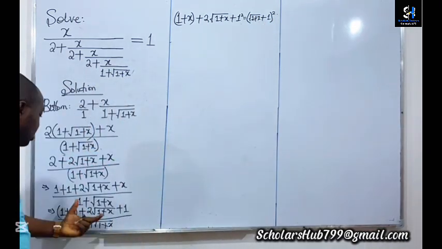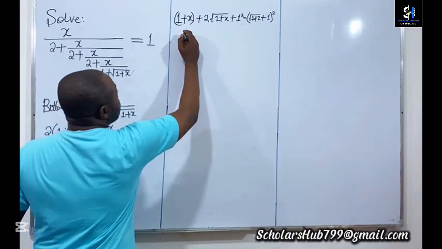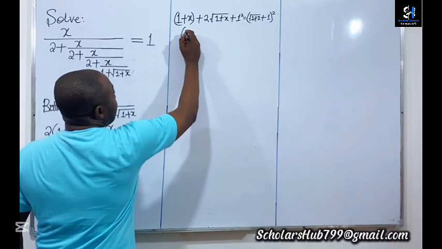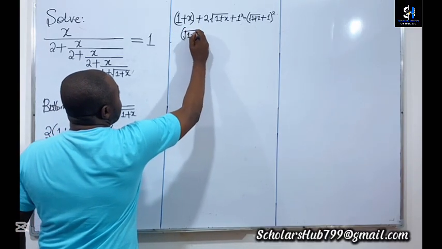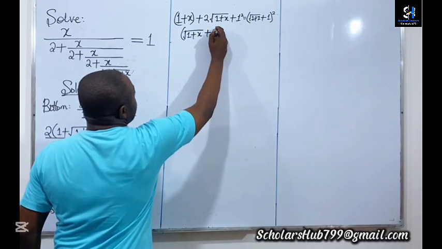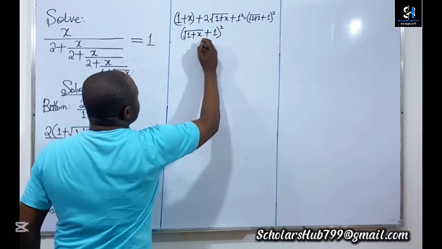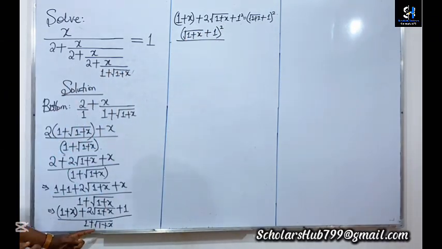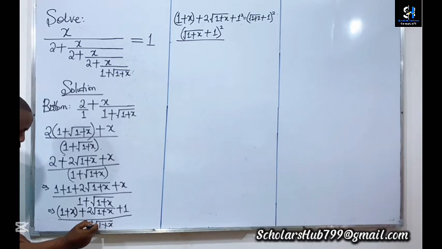So the numerator will now become the square of (root 1 plus x plus 1), raised to the power of 2, divided by the denominator. We have the denominator to be 1 plus root 1 plus x, which is what we have here.